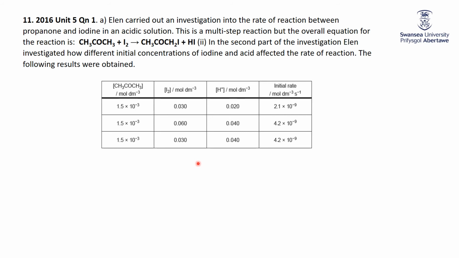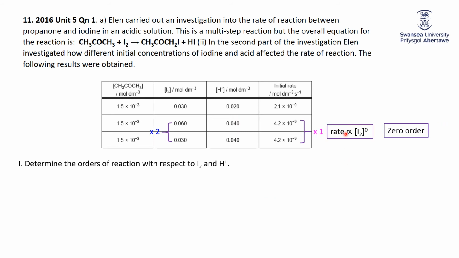Let's find for the iodine a couple of experiments where we changed the iodine but left the H plus and the propanone the same, and obviously we're going to go with the second and third one. The iodine doubles, the H plus stays the same. Unfortunately, so does the rate. So in other words, the rate has got nothing to do with the iodine concentration. It is zero order.